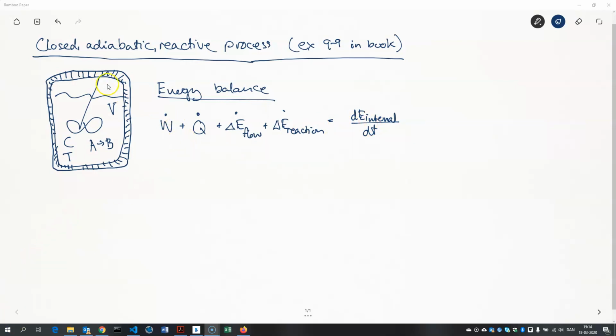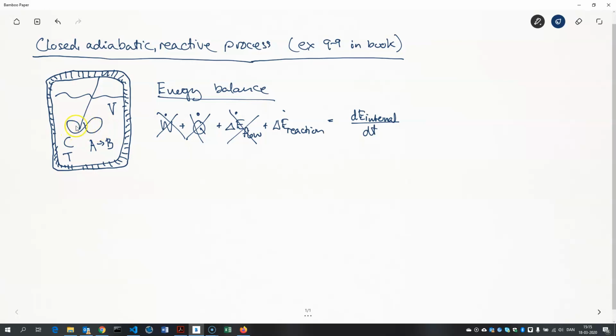Now, the fact that the system is closed means that there's no flow in and out. That means that this term here is 0. And the fact that it's an adiabatic process means that there's no heat exchange with the surroundings. So this term disappears as well. And we will choose to neglect the work done to the system, or the work that the system does to its surroundings, because it's not a considerable amount.